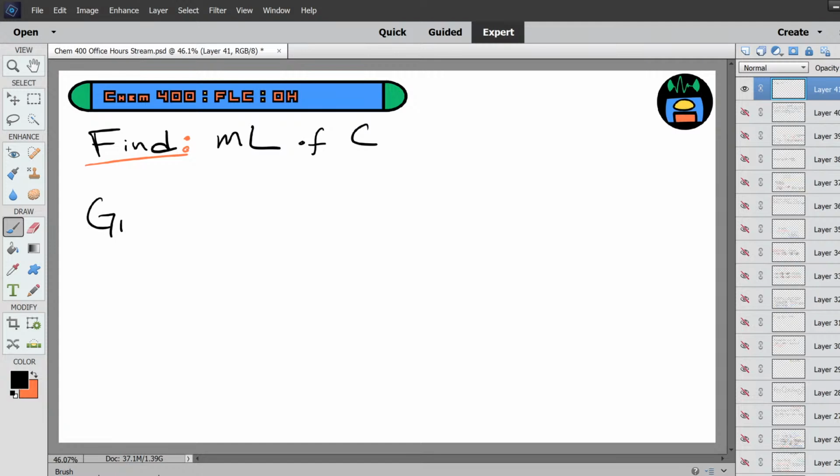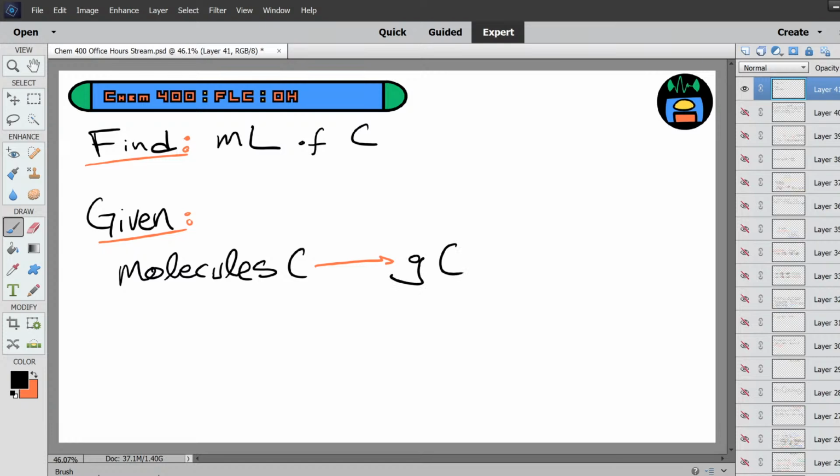And you're given, in this problem, the molecules of carbon, which you astutely use to find grams of carbon, and you're given the density of carbon, of graphite, which is 2.26 grams per cubic centimeter. All right?